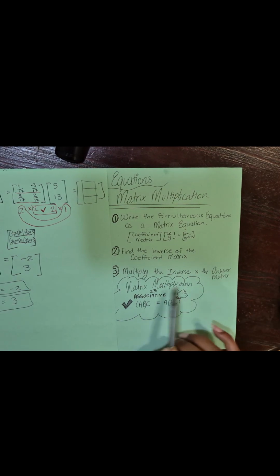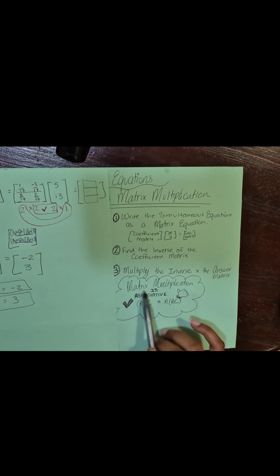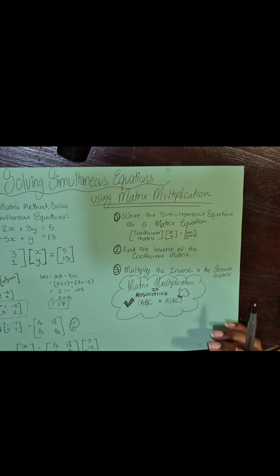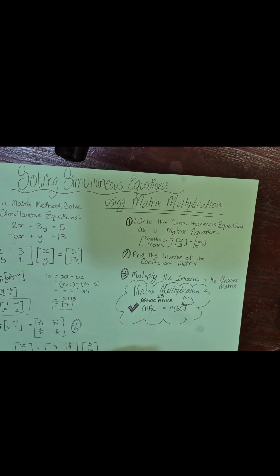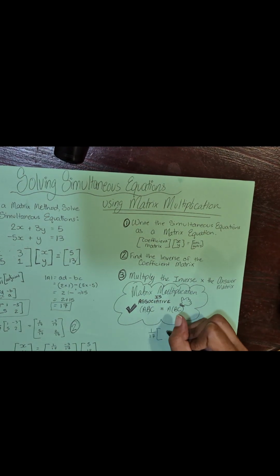And here we just have a note saying matrix multiplication is associative. Why did I make this note here? We made this note in case you wanted to leave the inverse as 1/17 times 1 -3, 5, 2, and then you multiply the inverse times the answer matrix.